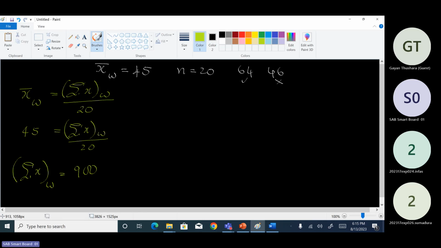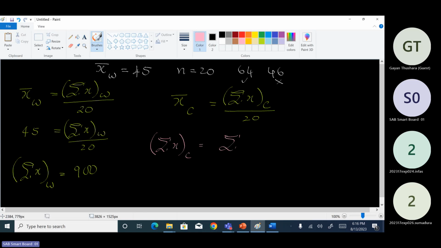Now we want the correct value. To get X bar correct, we need the correct sum. Correct sum divided by 20 would give us the correct mean. So now the issue is how to get this corrected value, sigma X correct. We have the wrong sum.